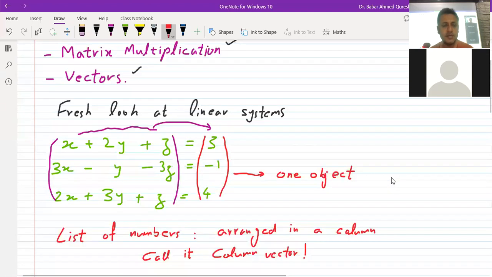So that means I need to make this vector to get my equation.